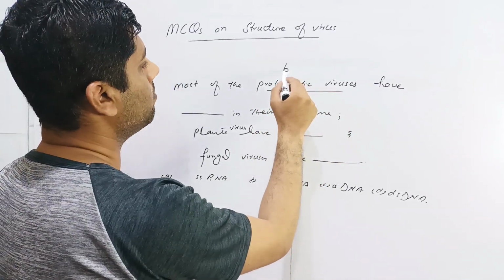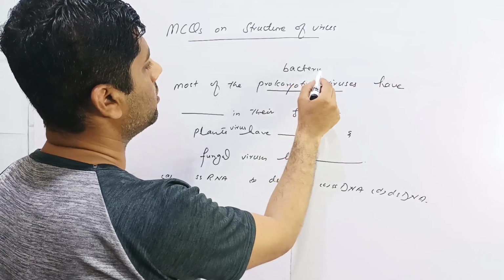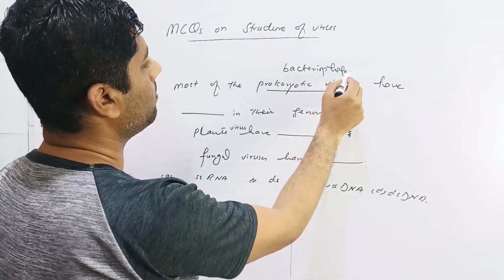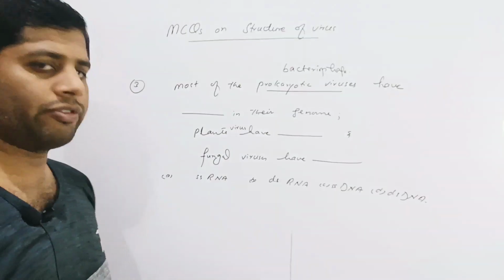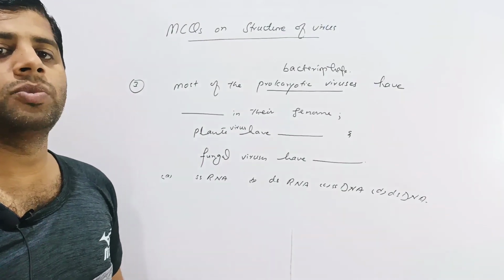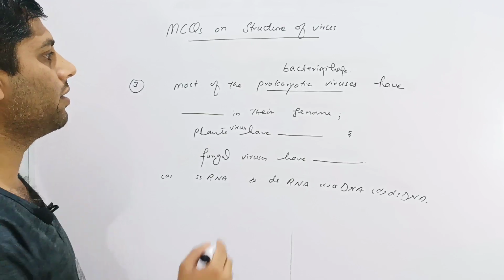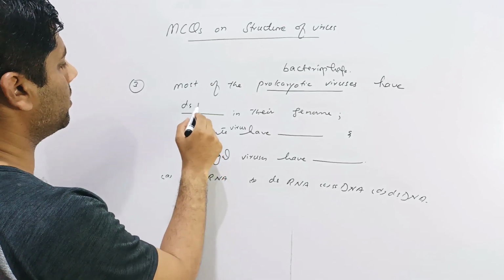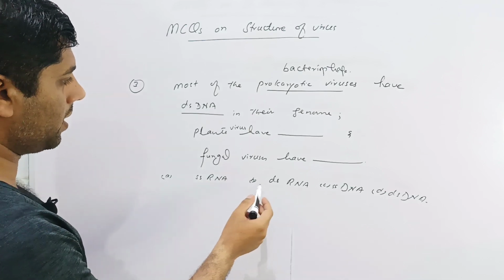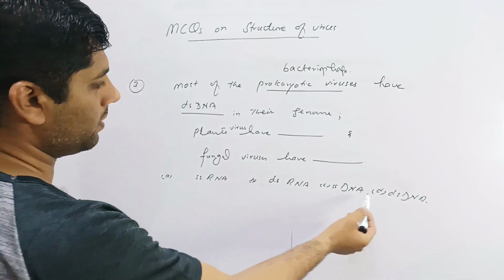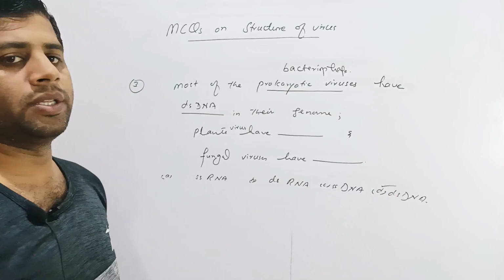We should keep in mind that bacteriophages may be of RNA type or DNA type, but most of the bacteriophages have double-stranded DNA in their genome.